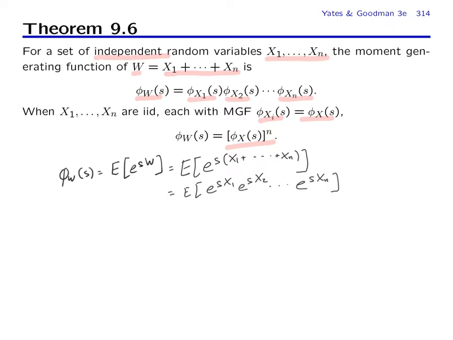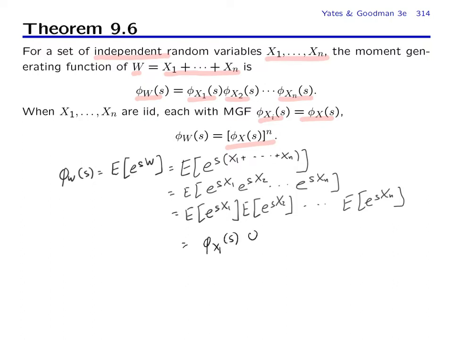And now, because the xi's are independent, the expectation of the product is the product of the expectations. And this gives us the product of the moment generating functions.